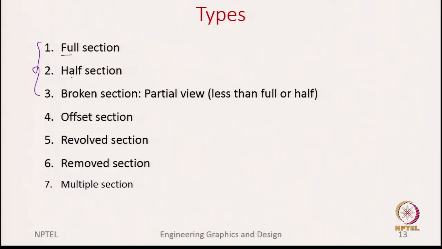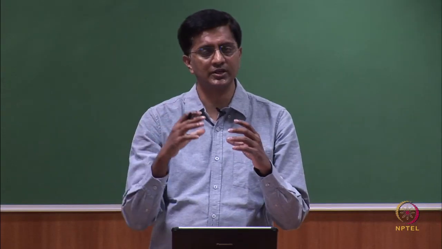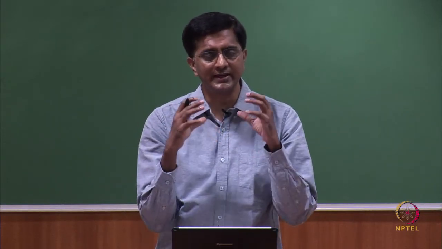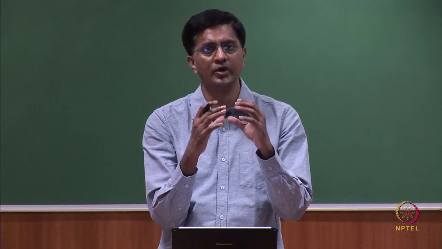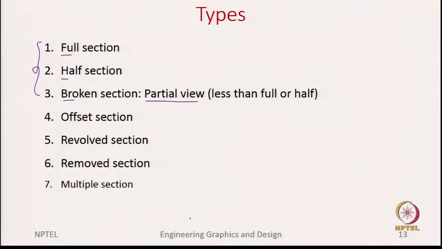Are you showing the full section, half section or the broken section? In the broken section, I think we did not show too many details or drawings, but we said we are only showing the partial view, because we need not spend too much time showing the complete object in the section view, because the details you want to show are good enough in this partial view.